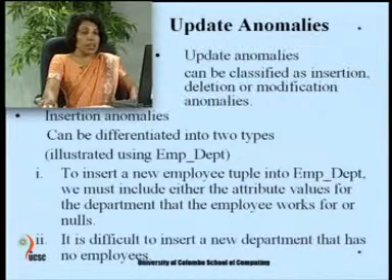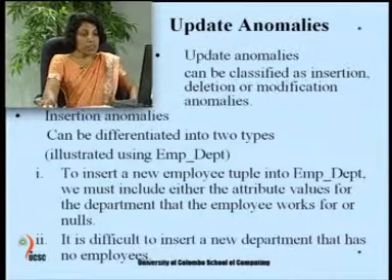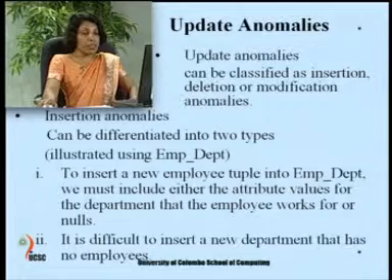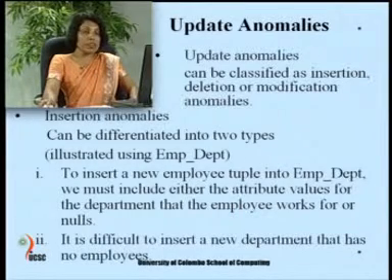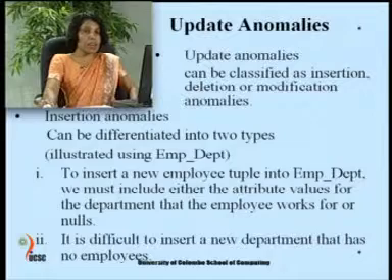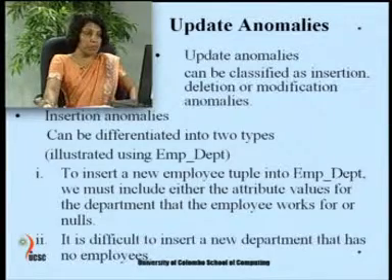And then we cannot insert a new department, or we cannot create details of a new department that has no employees, because every time we want to insert a new record for a department, there should be employees for it.